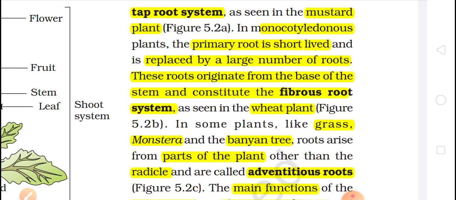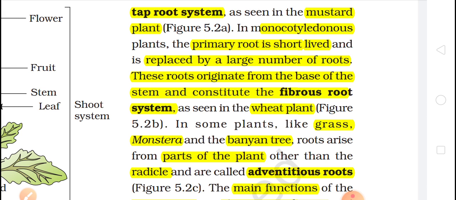So tap root is true root, and adventitious is false, because adventitious does not originate from radicle. It originates from the stem above the radicle. Clear about this?